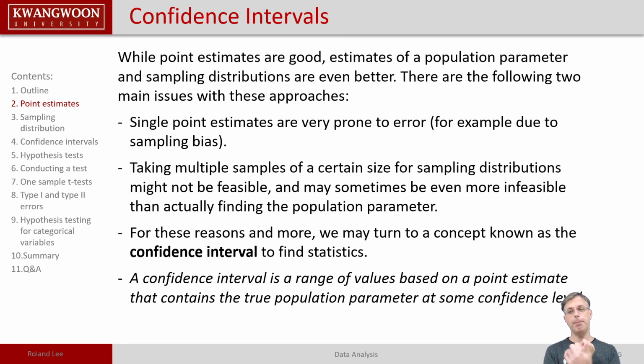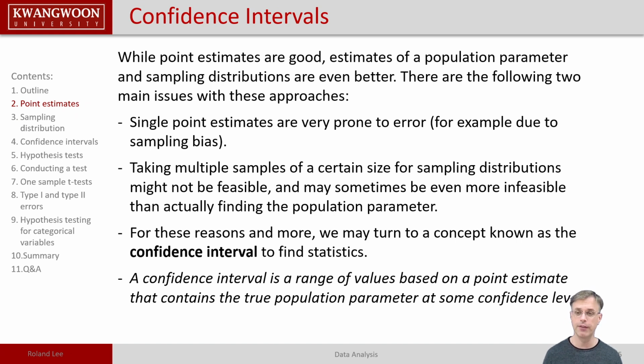Single point estimates are very prone to error, due to sampling bias among other things. And taking multiple samples of a certain size for sampling distributions might not be feasible and may sometimes be even more infeasible than actually finding a population parameter.